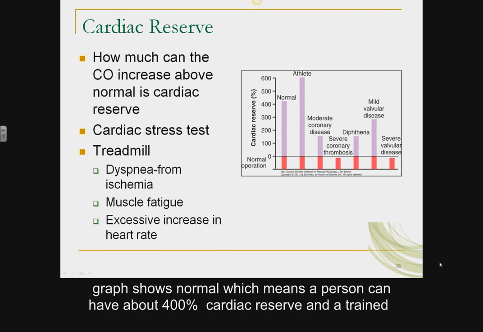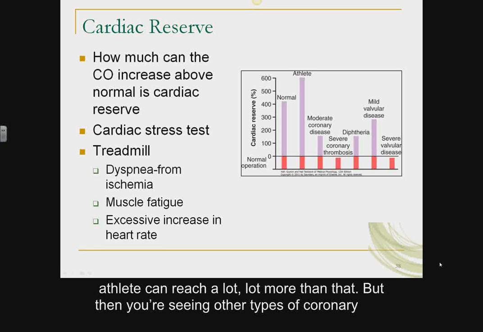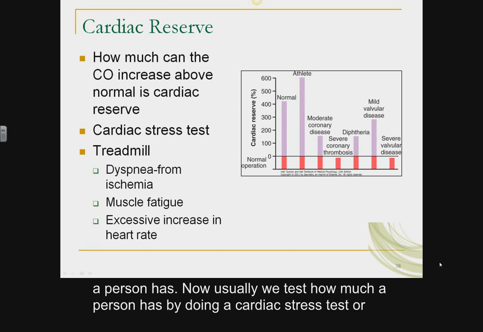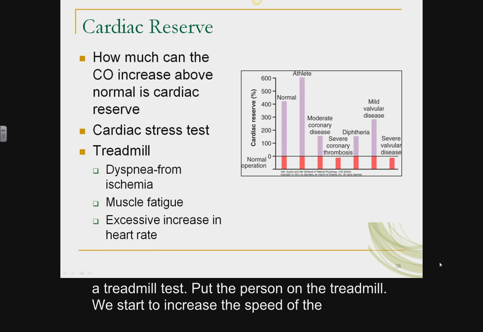If you look over here in the graph, the first bar in the bar graph shows normal, which means a person can have about 400% cardiac reserve, and then a trained athlete can reach a lot more than that. But then you're seeing other types of coronary disease, valvular disease, etc. And that can really impede how much cardiac reserve a person has.